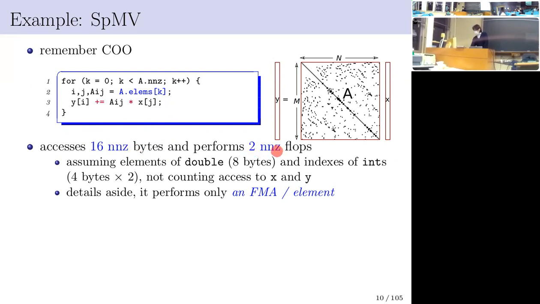Well, you just perform 2 NNZ flops. In other words, it's just a single FMA per element. So in total, you just perform NNZ FMAs, or 2 NNZ flops.